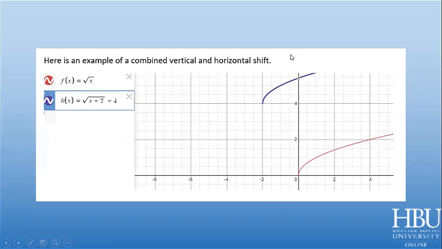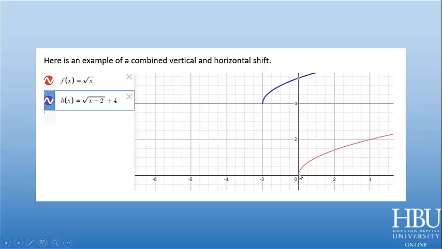Here is an example of a combined vertical and horizontal shift. I've started with f of x equal to the square root of x, the red graph. I've replaced x with x plus 2, which should shift it 2 units to the left. And then outside the square root sign, I've added 4, which should be a vertical shift 4 units up.